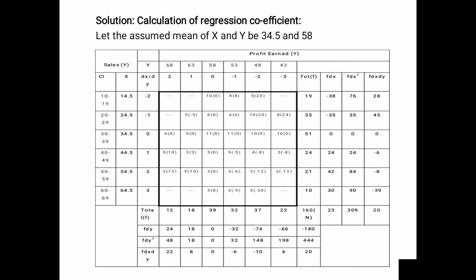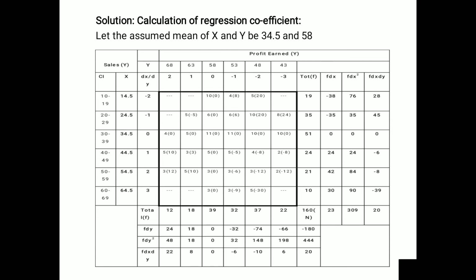Here the fdx value is minus 38 multiplied by dx of the same row, that is minus 38 into minus 2, that is 76. In the same way, we should be calculating all the row values of fdx square, and then we will obtain sigma fdx square, that is 309.